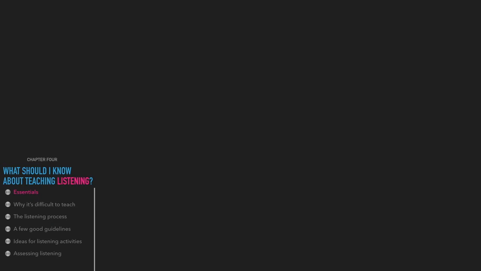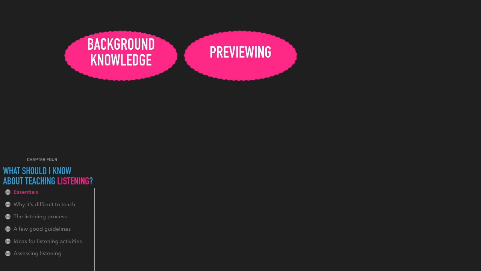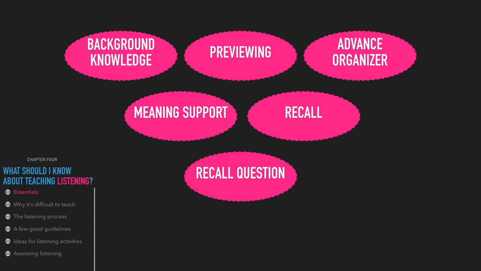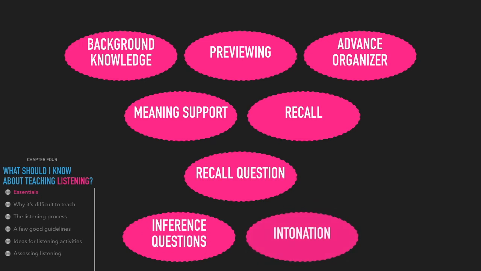We start off with some essential concepts you need to be aware of when it comes to helping students develop their listening ability. There is a good list on page 86 that you need to remember. These all affect the amount of students' listening comprehension, so you need to understand them all. You may have heard of a few of these in our previous classes.